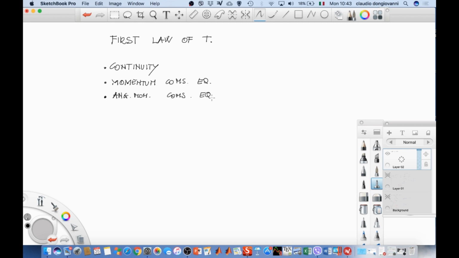I wrote continuity, but you can also call this relationship in another way, because also in continuity we have to conserve something. This is the equation for the conservation of mass. Mass conservation equation. And also the first law of thermodynamics is a conservation law. Of what? Energy. Energy conservation equation.